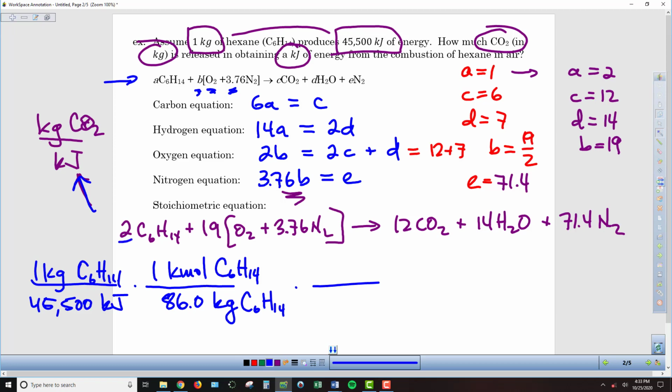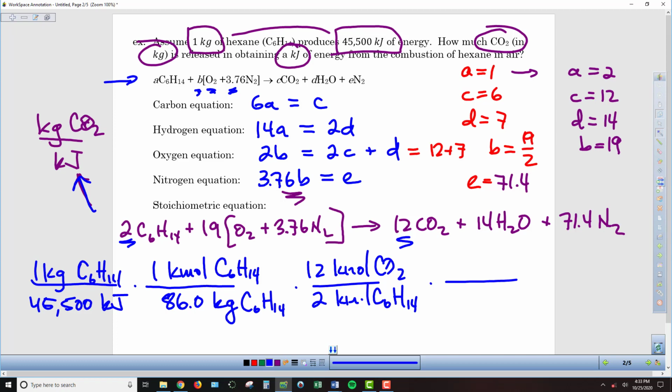So we can see that our relationship is 2 to 12. So I'm going to put the 12 kilomoles of carbon dioxide on the top and the 2 kilomoles of the hexane on the bottom.